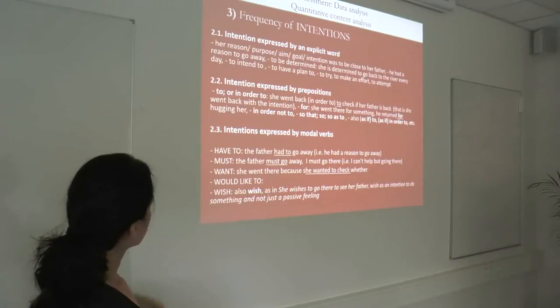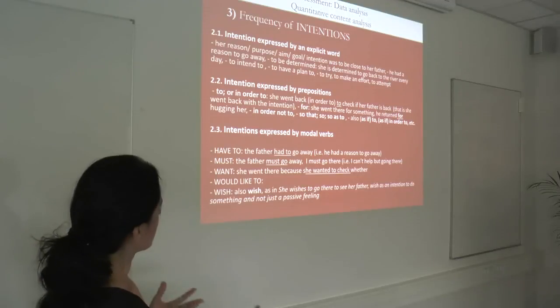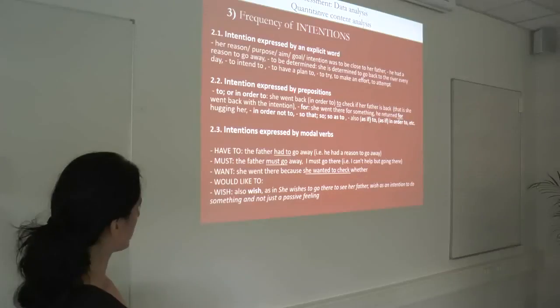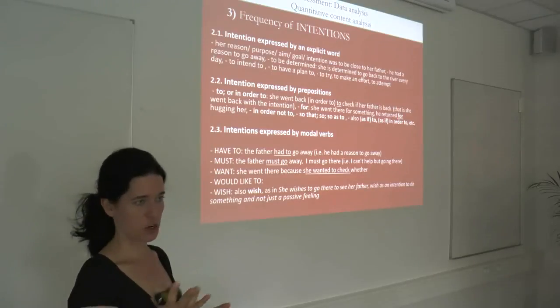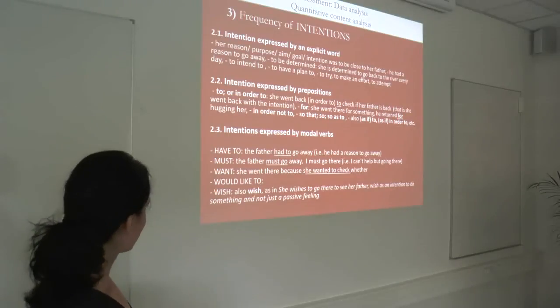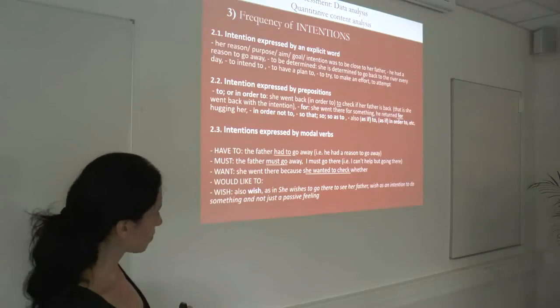Whenever intention was expressed with an explicit word, that she's determined, she makes an effort, she makes an attempt, or when the intention was expressed by a preposition, in English it's to, or in order to, in order not to, in German it's zu, and so on. And the third category, when intentions were expressed by modal verbs: have to, must, want, would like to, wish.